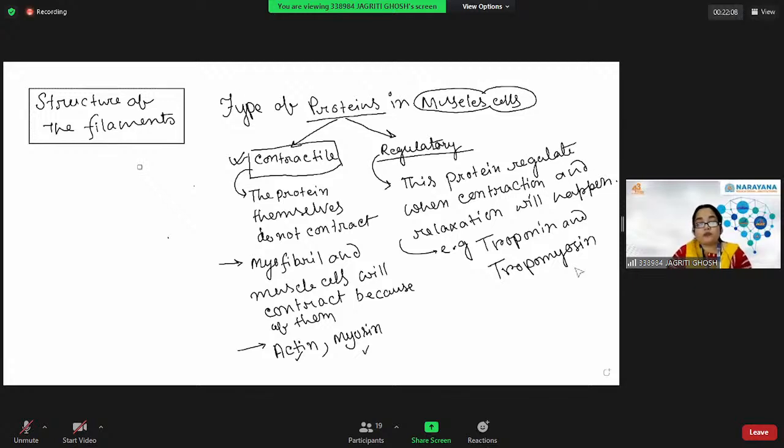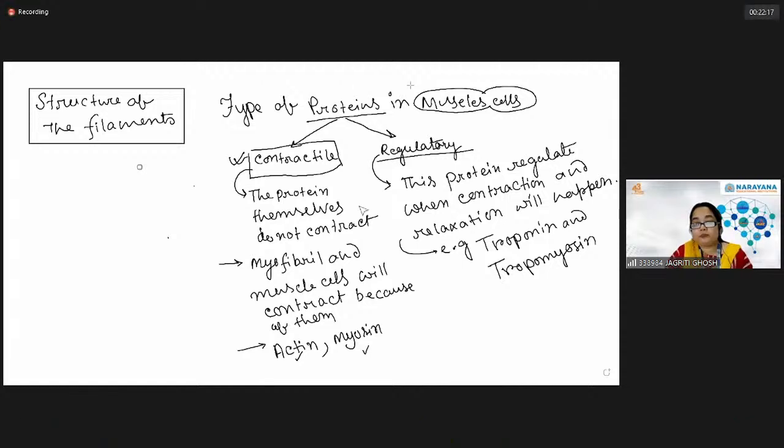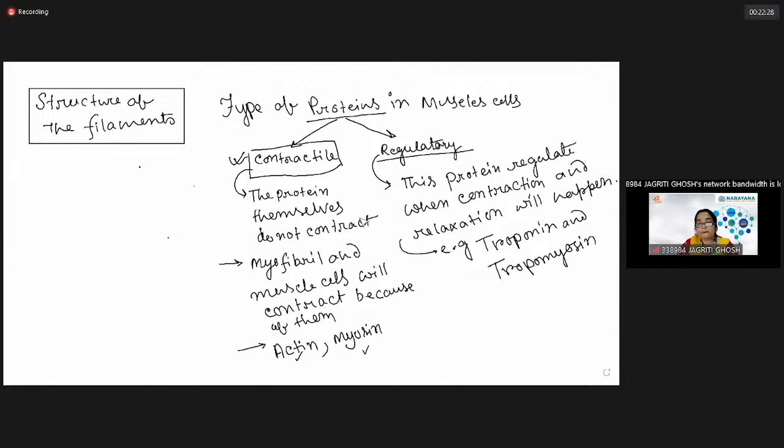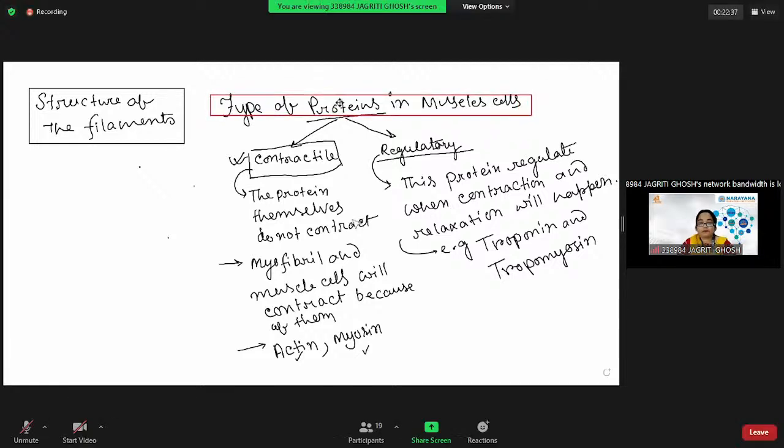So, structure of the filaments, and this heading I am pointing out properly so that you can understand. Okay.